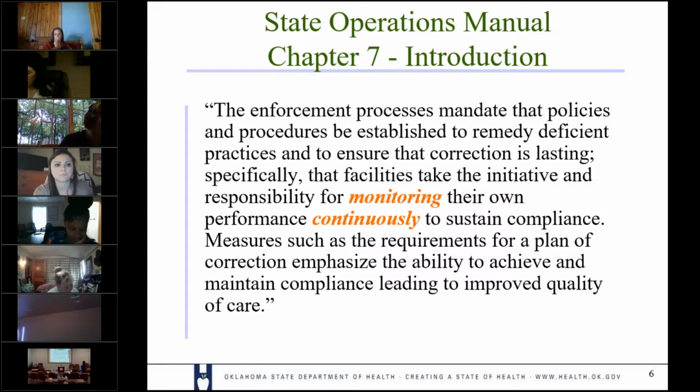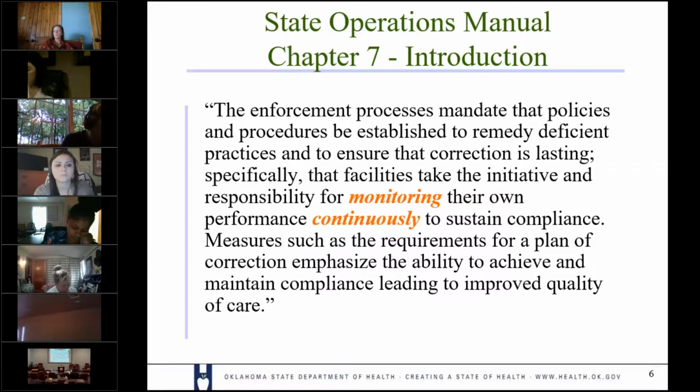Measures such as requirements for a plan of correction emphasize the ability to achieve and maintain compliance, leading to improved quality of care. Okay, we want you to maintain compliance, not just get compliance, okay?